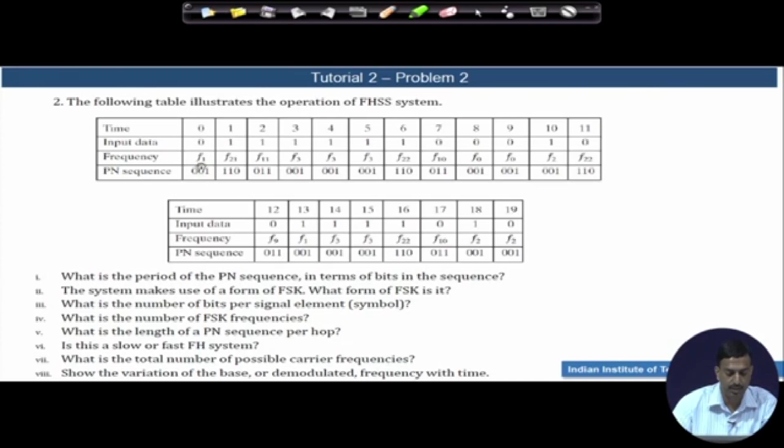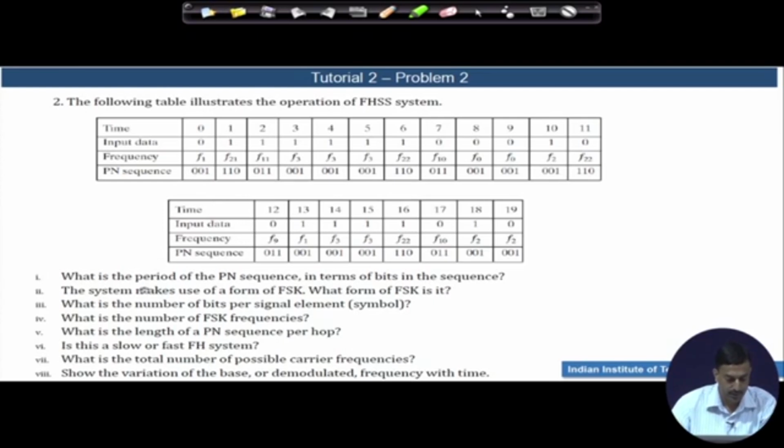So we see that there is a hop from F1 to F21 to F11 and so on for every such time index, and corresponding to every such hop we have a PN sequence which is assigned, which comprises the last row of this table.